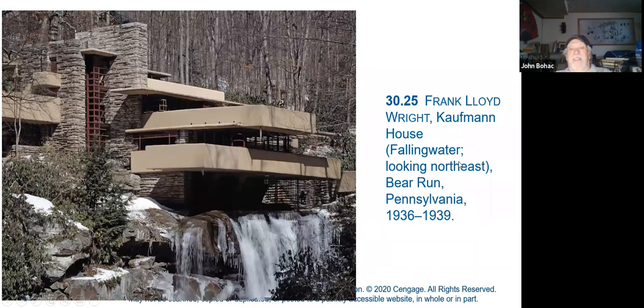And this is a house commissioned in Pennsylvania, the Kaufmann House, and it's been called Fallingwater because it's built over a stream with a waterfall, and the architecture actually plays into the landscape.